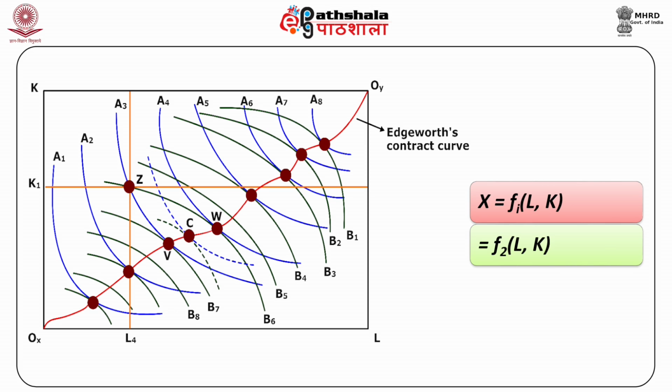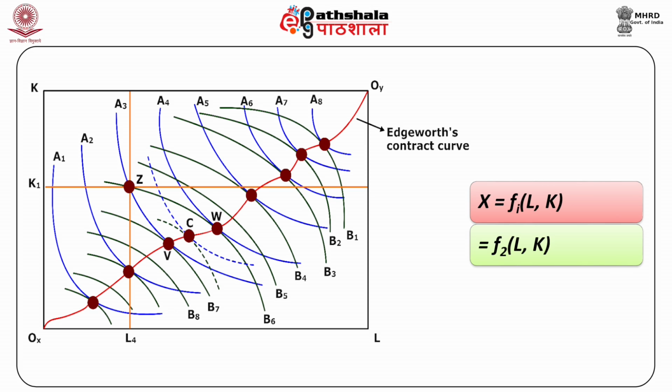Now, as opposed to Z, suppose we were to consider the point W. At point W, A4, which is an isoquant for commodity X, is just tangential to the isoquant for Y, which is B6. Therefore, the point Z which lies on B6 is not an optimal level of factor use.